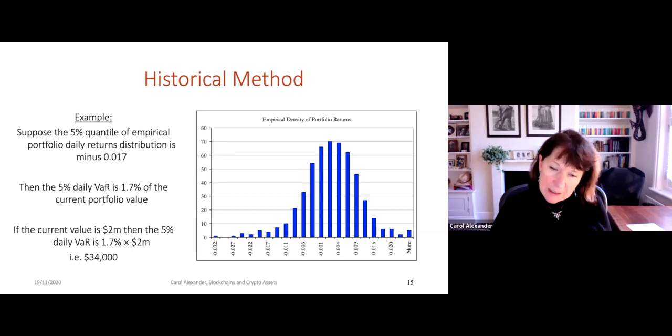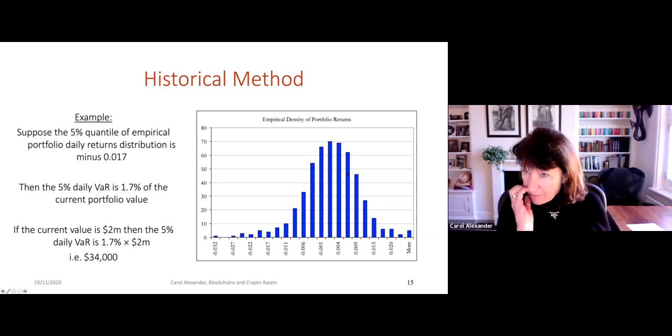So you just read it straight off: if that's 5%, then minus that number, 0.017, is the 5% VaR. And if they are daily returns that you've drawn here, it will be a daily VaR. If they are weekly returns, it will be a weekly VaR.